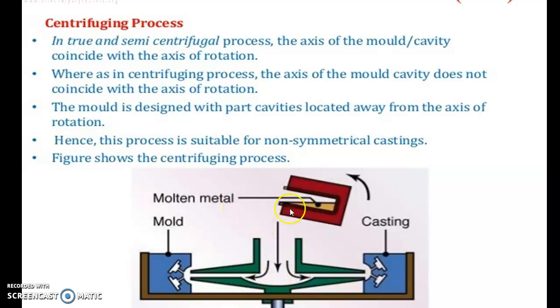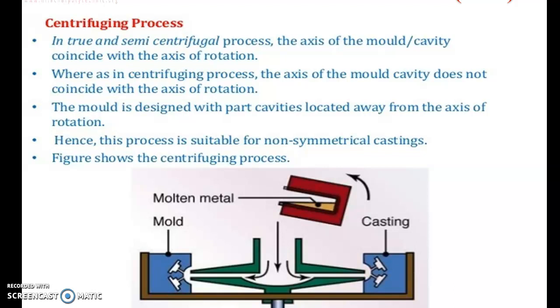Here you are pouring the molten metal at the axis, and when it is rotated, due to the centrifugal force the heavier metal enters into the molds. When it enters, we quench the outer side of the mold, because these molds are permanent molds, that means made of metal.